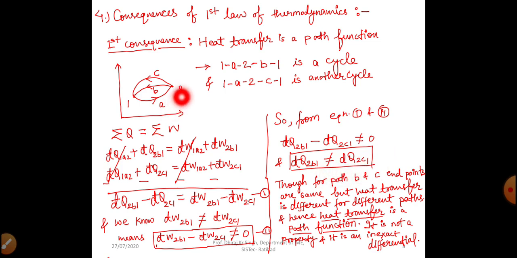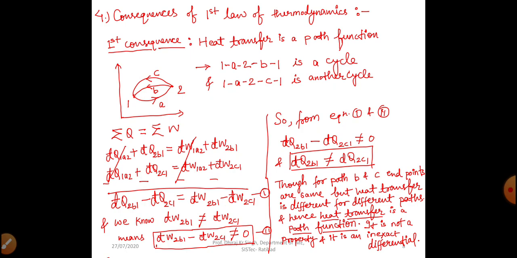This means in this figure del Q2B1 is not equal to del Q2C1. So we can make a statement for this: though for paths B and C the end points are the same, that is 1 and 2, right?